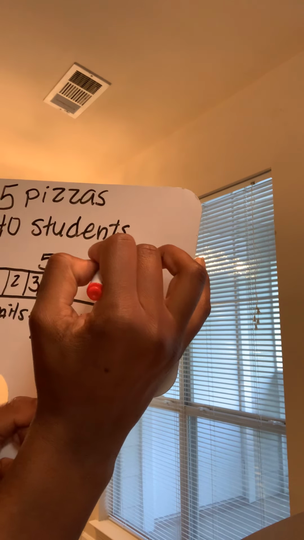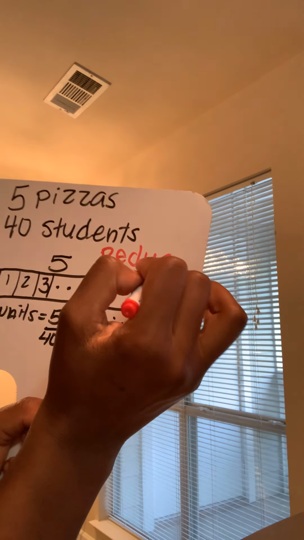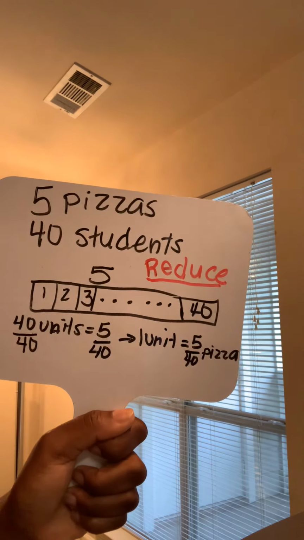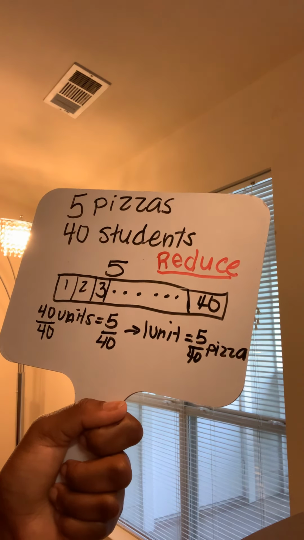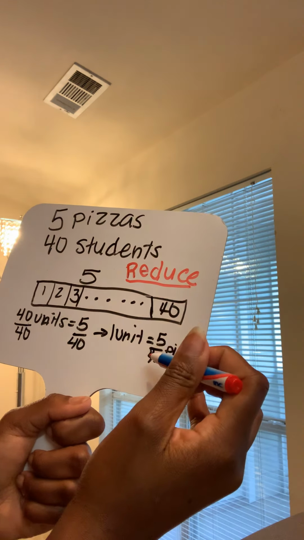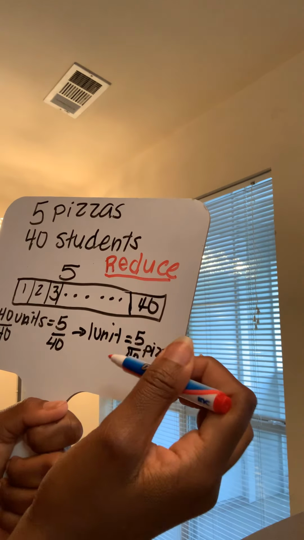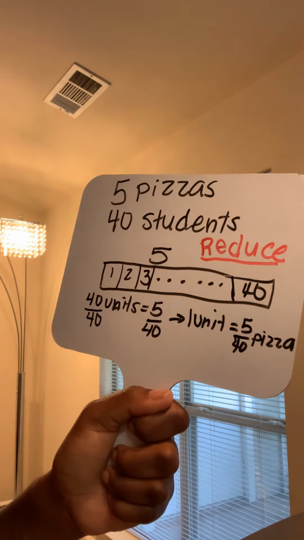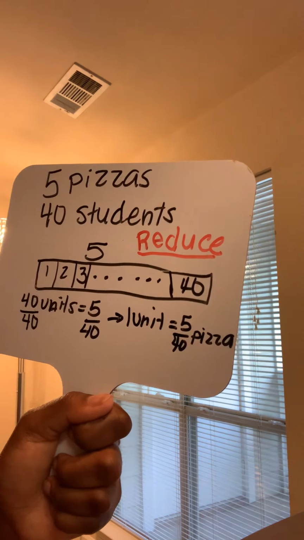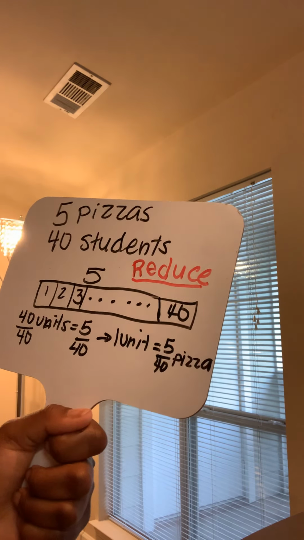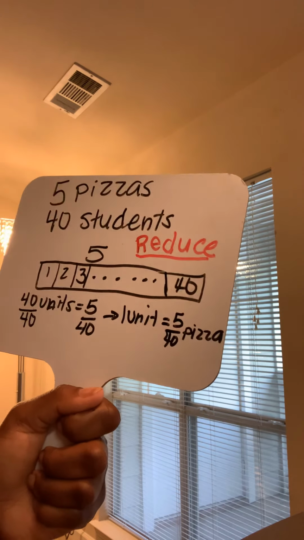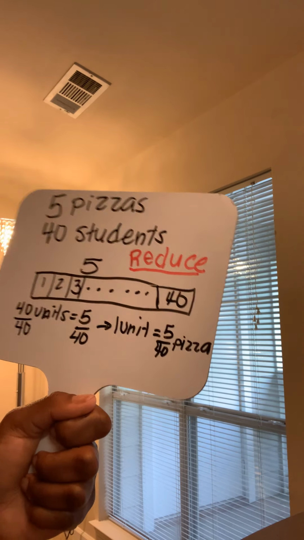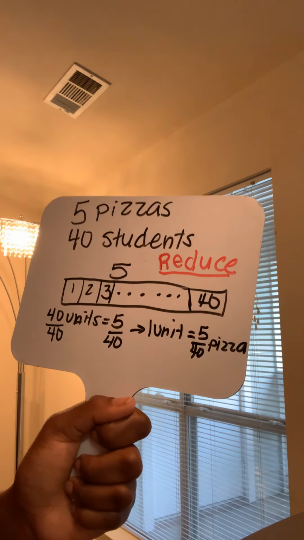So we've answered that first question, but now we've got to answer the second question, which is to reduce. All right? And when we are reducing fractions, that means we've got to divide both of these numbers until they can't be divided anymore. All right? So, if we look at the numbers 5 and 40, we know, of course, that they both can be divided by 1.